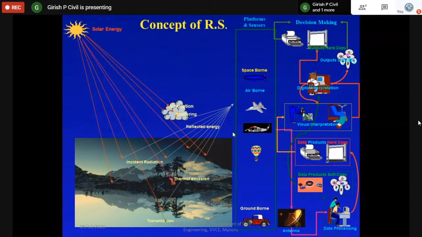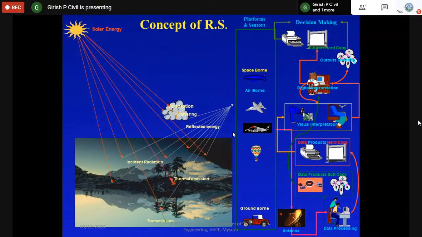Any sensor system or device will capture the reflected radiation energy, and the captured energy will be passed on through the antennas, downloaded and processed in the ground station.